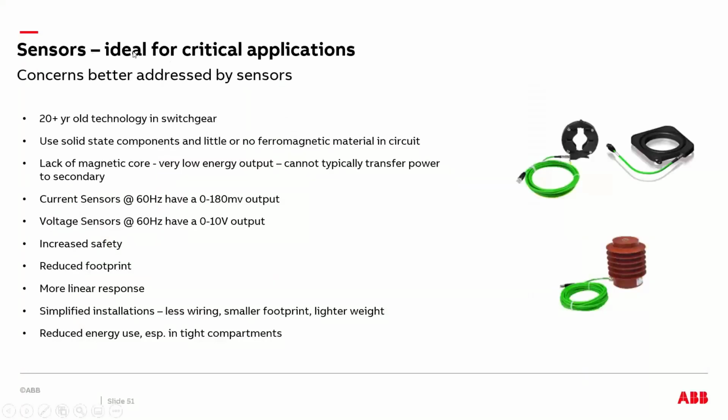So let's dive a little deeper into the key components of a digital switchgear. Let's start with sensors, because they are level 0 requirements for a digital switchgear. As we know, Rogowski coils are old. Resistive voltage dividers, capacitive voltage dividers, all of these technologies are old. They've been there for decades.